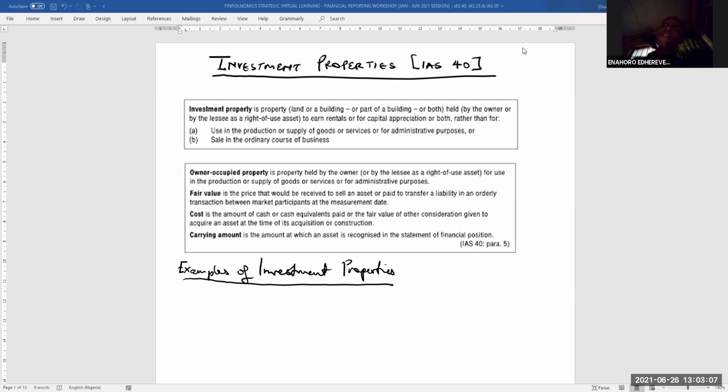When they are let out like that, the income from them, we don't regard as investment income. We take it as rental income from our PPE. So we differentiate the income from investment properties and the income from rental properties on PPE.